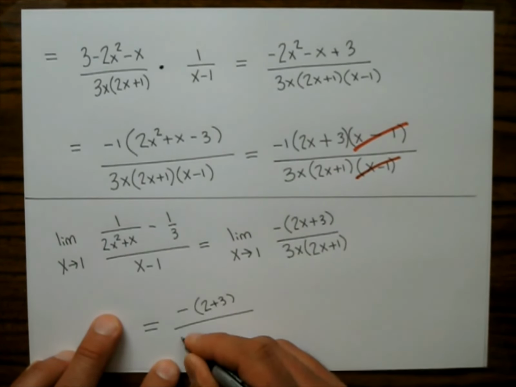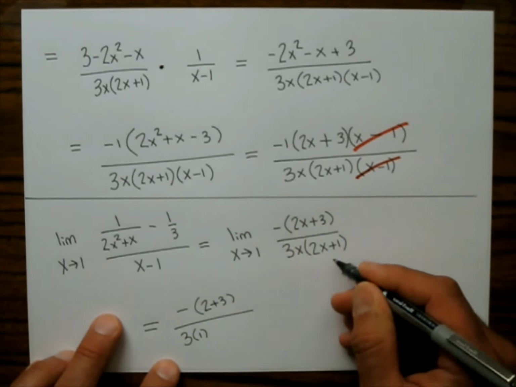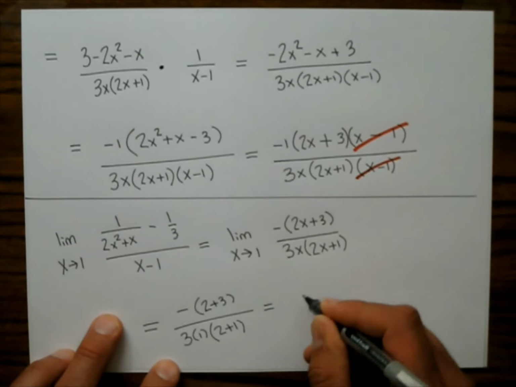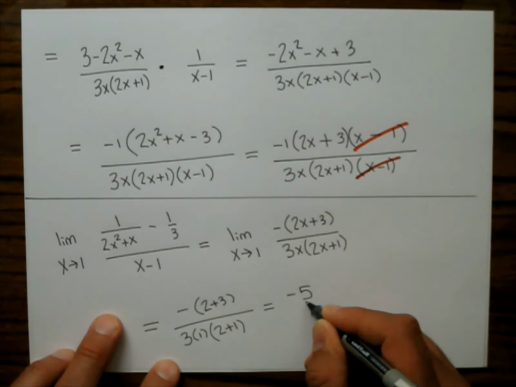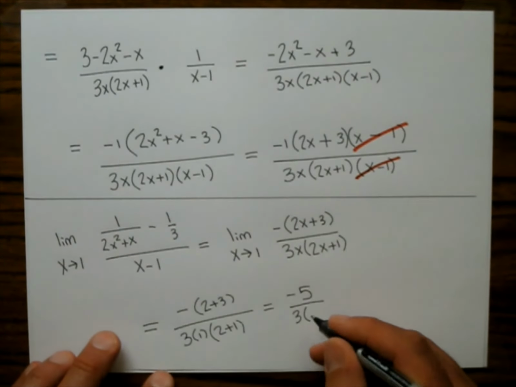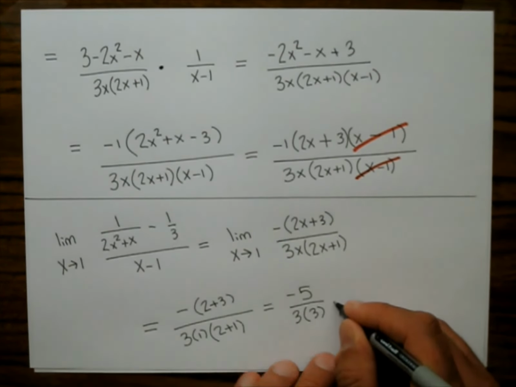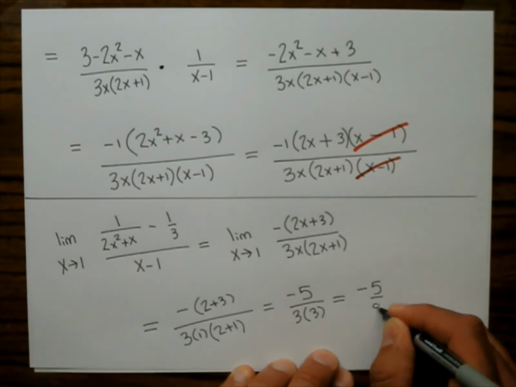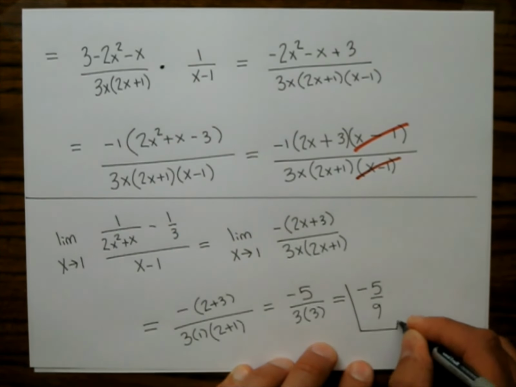And on the bottom, I have 3 times 1, and then we have 2 plus 1. So on the top, we have negative 5, and on the bottom, we have 3 times 3. So it looks like my final answer is negative 5/9. That was quite a problem.